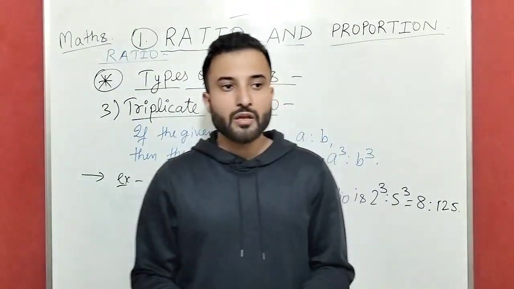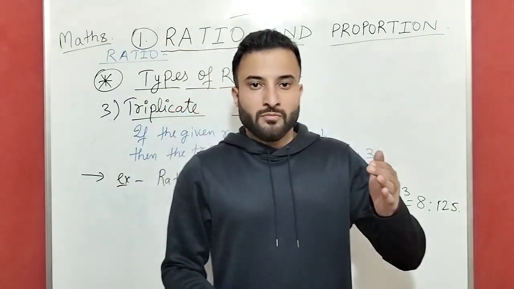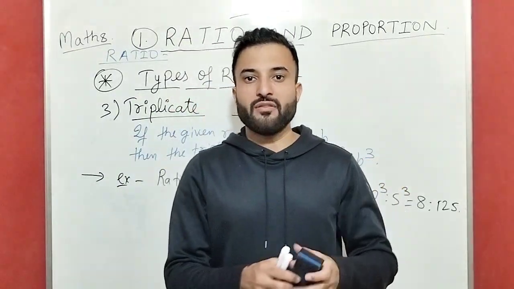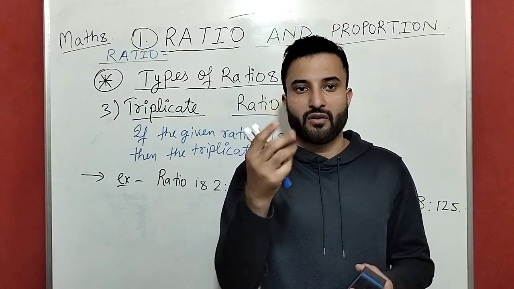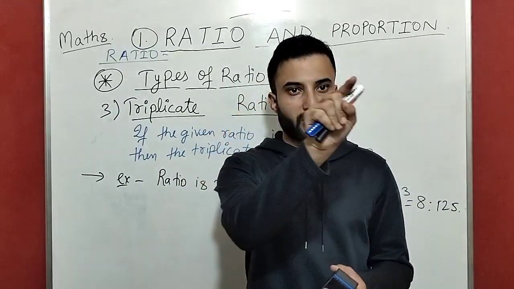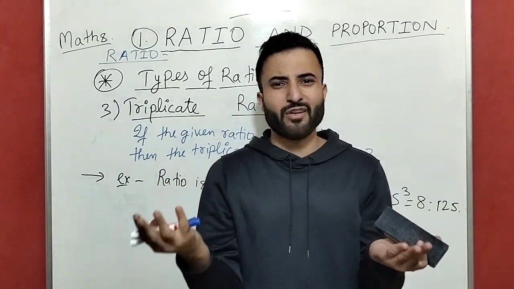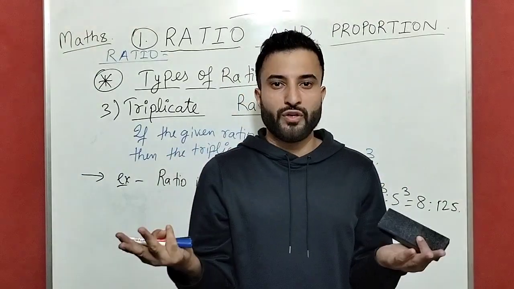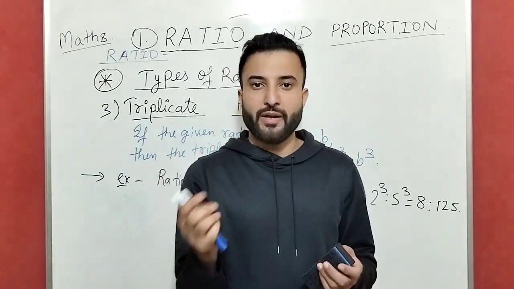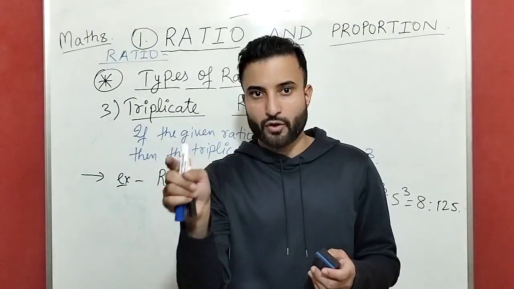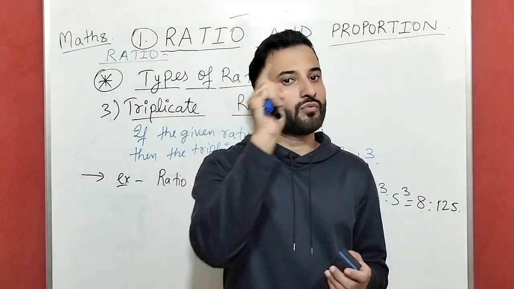So we know how to find the square. If you have to find 3 square, it is 3 into 3. Cube also we know. If you have to find the cube of 5, it is 5 into 5 into 5.